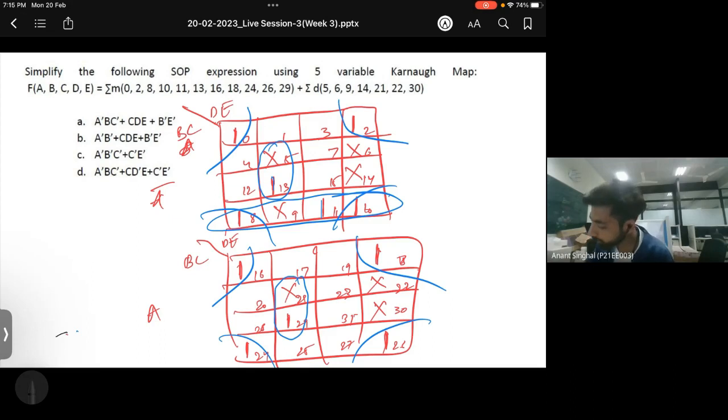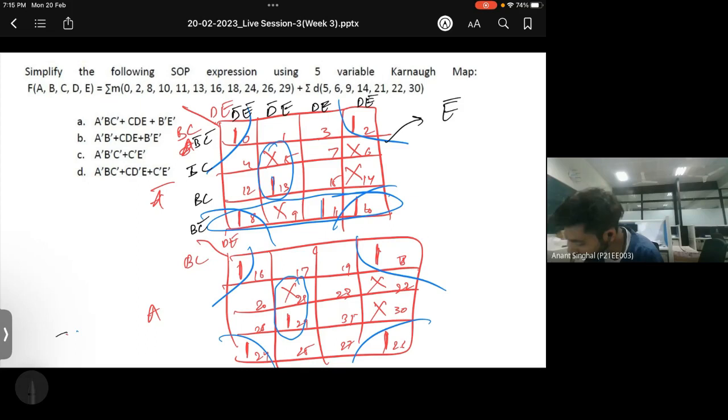Okay, I'll try to write the expression. For this group it will be D bar E bar. For this group it will be E bar and the second term is C bar.